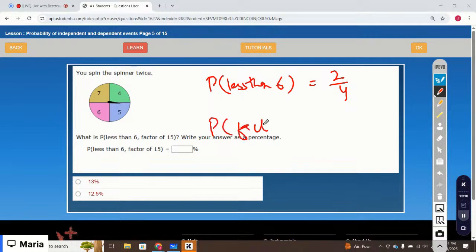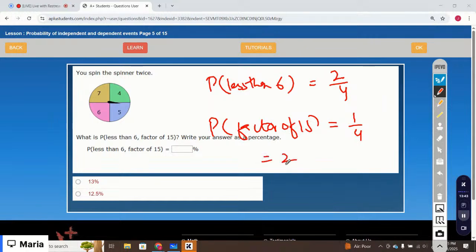And the probability of factor of 15 is one out of four, right?